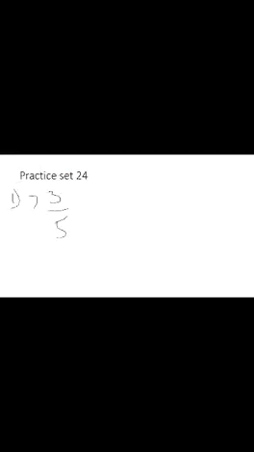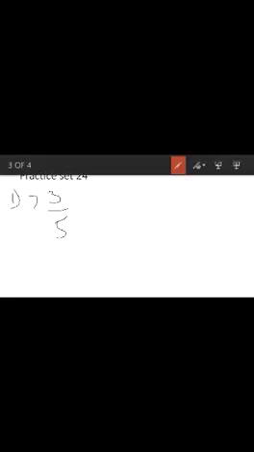Okay. Now we are going to solve practice set 24. In that I'll take one example, and another you need to solve in the homework. Now see, 7 3 upon 5. Now 5 7s are 35 plus 3, 39 upon 5. Now here again we need to do the same thing.